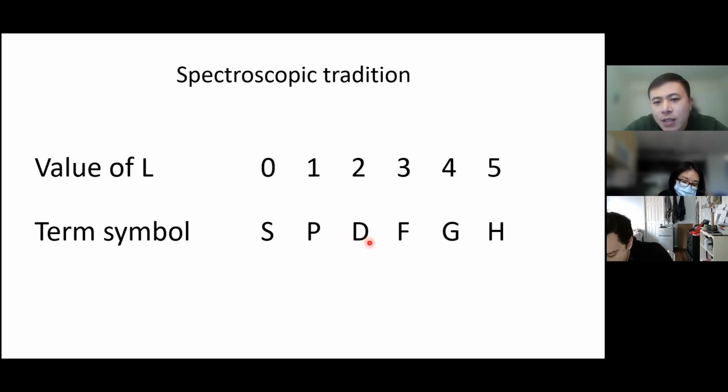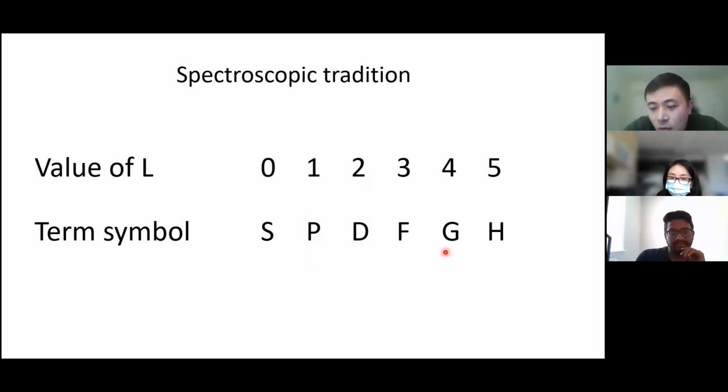I think P stands for diffuse. Yeah, for the d orbital involved spectrum, they typically observe some diffuse spectrum. So that's why they call it D. And the F stands for fundamental something. I think I forgot what P stands for, but you can check if you're interested. A little bit. Principle. What? I'm sorry?